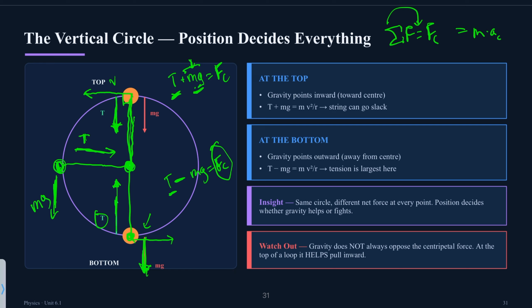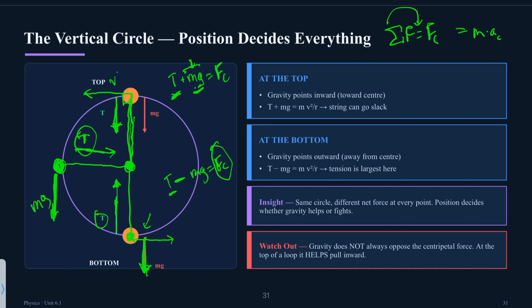It doesn't do anything to our tension here, right? It just doesn't do anything here, because our tension is our centripetal force. And here, this mg isn't hindering it at all. It's actually the cause of the velocity here. Over here, it's inertia, but over here, its velocity is being caused by the mg, right?